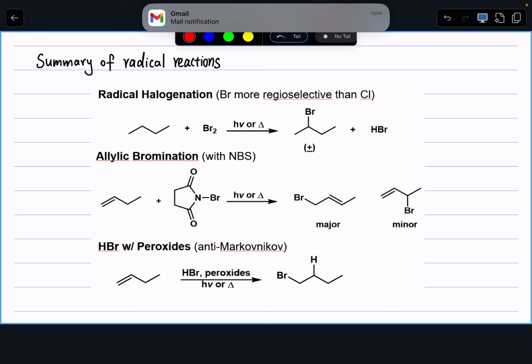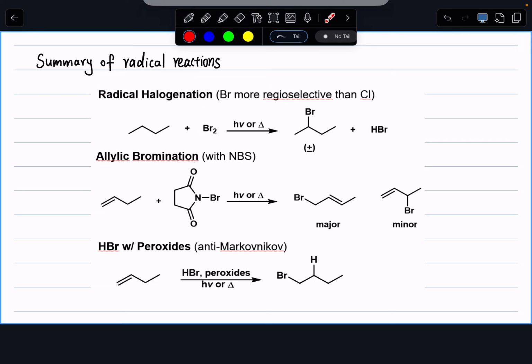One, we focused a lot on radical halogenation, a unique type of chain mechanism involving radicals. We went over allylic bromination with NBS as an indirect source of Br dot to prevent the competing electrophilic addition with Br2. And at the end, we discussed the HBr addition onto the double bond with peroxide. It's a different type of radical mechanism and hence different selectivity compared with the electrophilic addition of HBr to an alkene.